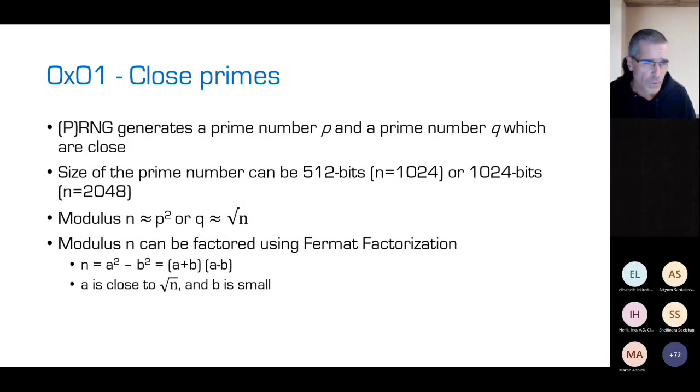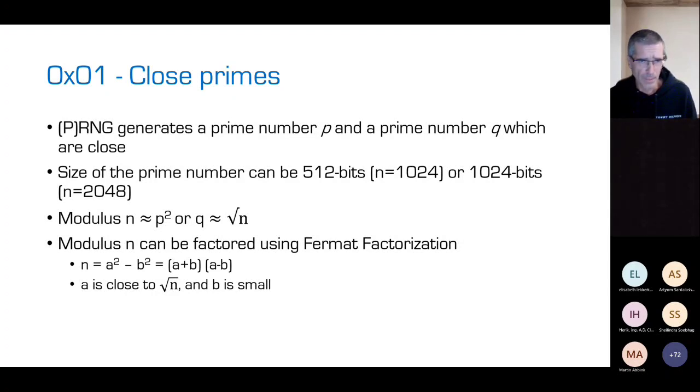So what is the vulnerability? The vulnerability relies on the prime numbers P and Q being very close to each other. This can be caused by a faulty pseudo-random number generator, or a random generator that contains bugs, or whatever reason. But basically, the prime numbers are not good enough.